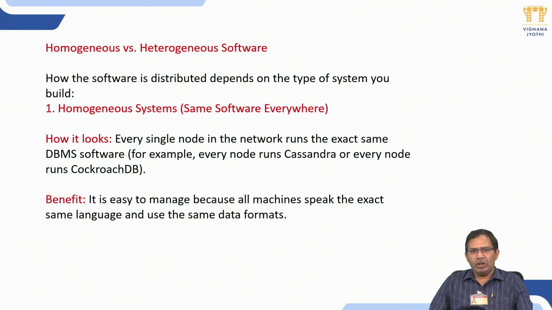For example, every node runs Cassandra, or every node runs CockroachDB. Thus, MySQL is installed at all the physical locations, or Oracle is installed at all the physical locations, so we could manage all machines that speak the exact same language, where a translator is not required.